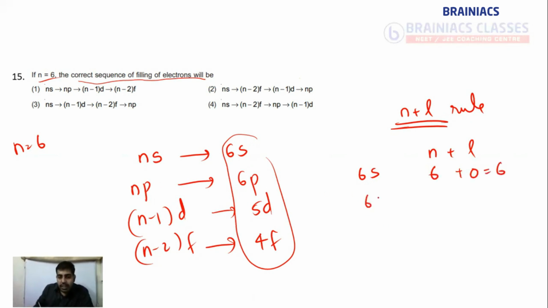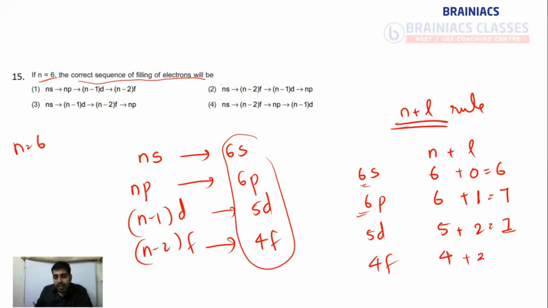For 6p, n is 6 and l is 1, so 7. For 5d, n is 5 and l is 2, that is 7. For 4f, n is 4 and l is 3, that is 7.